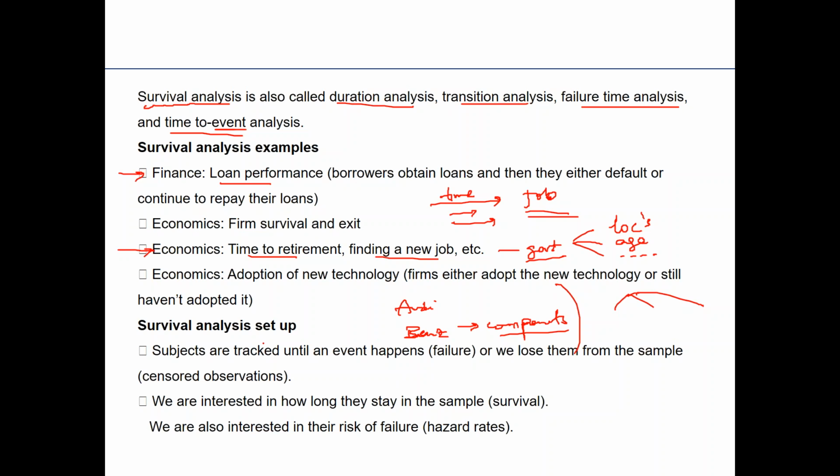Right, so survival analysis is all about identifying when the event happens. Of course there is something called censored observations. We'll look into that as and when we discuss. Now ultimately we are interested in how long, right, the event occurs, or what is the time duration for the event, survival rate, survival time.